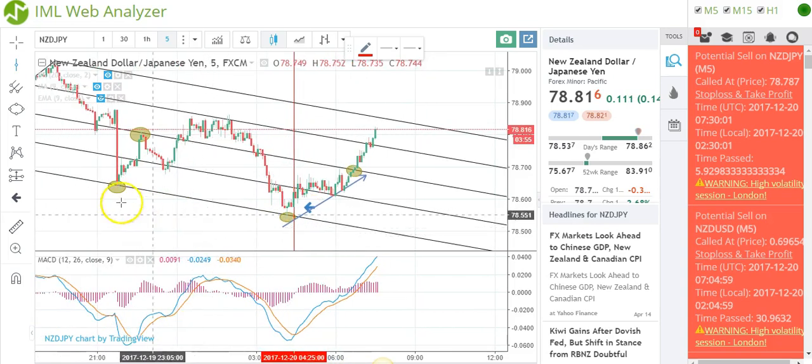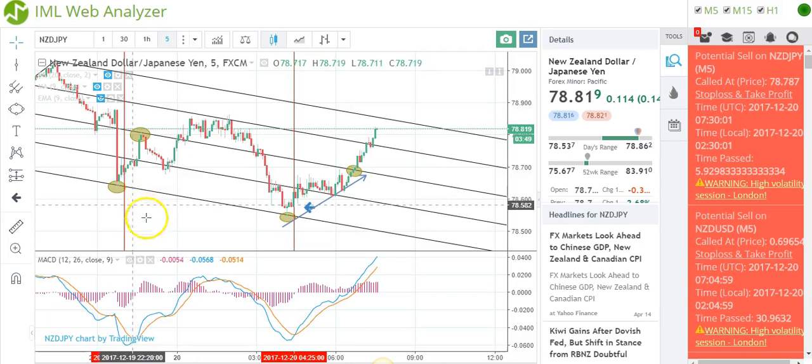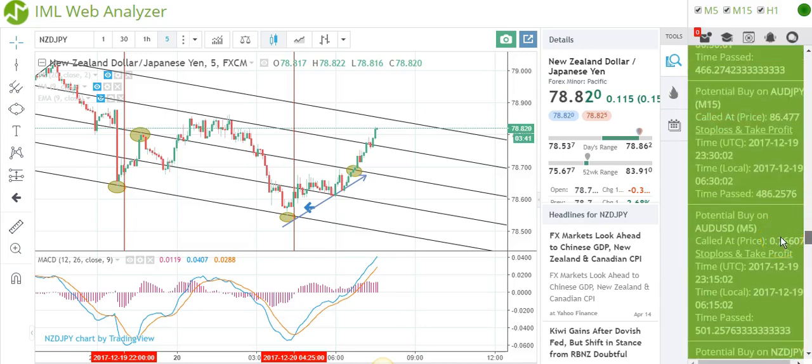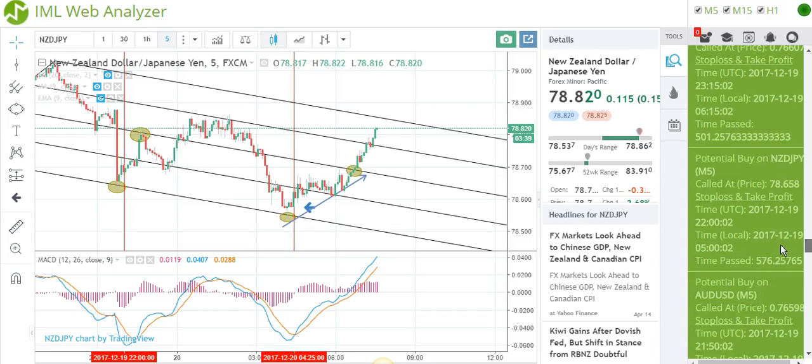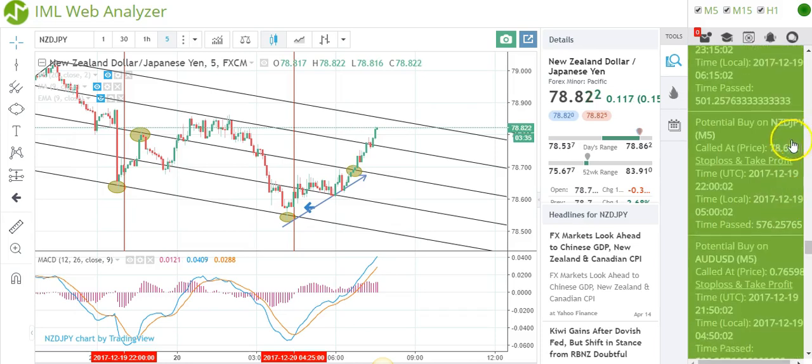Now if we look here, it should have called the trade on this pullback right here at 2200 on the 19th. So I checked 2200 on the 19th for NZDJPY, and as you can see, there you go: NZDJPY on the 19th at 2200, 78.658.